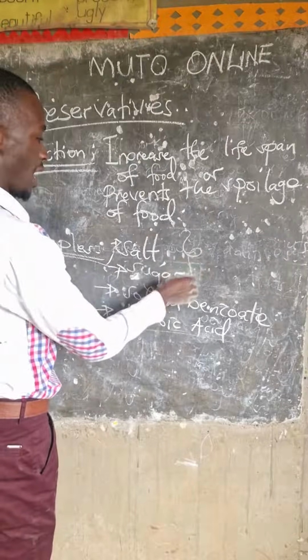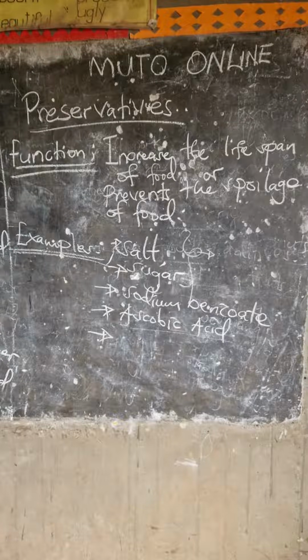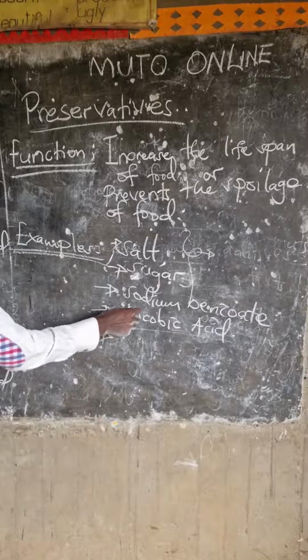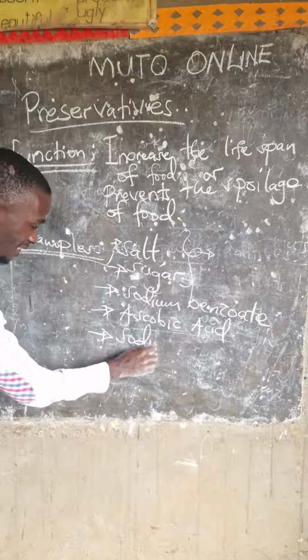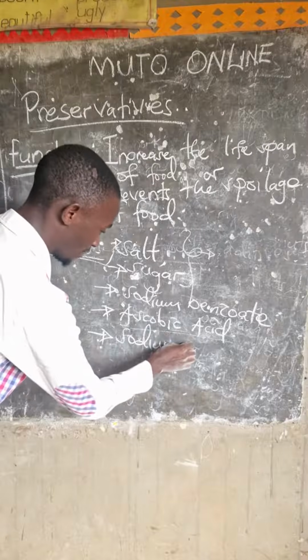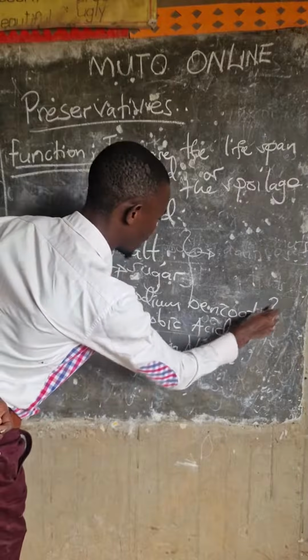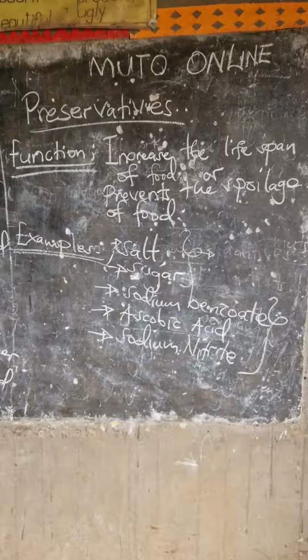Salt and sugar are used to preserve solid food. For example, the fish: they always salt the fish, and we are going to see how the salt works in the preserving function. We have sodium nitrite, also a crucial preservative. So these ones are all synthetic preservatives.